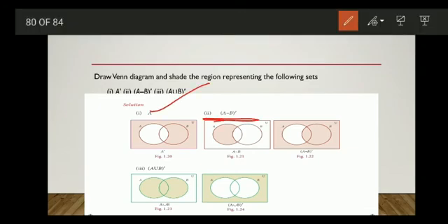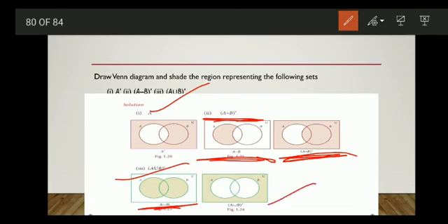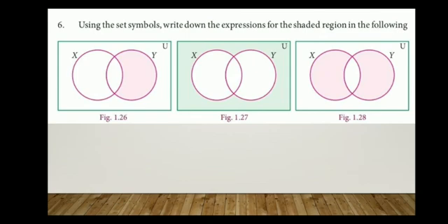To find A difference B complement, first we have to draw A difference B, then the complement of A difference B. To find A union B complement, we have to first draw A union B, then the complement of A union B. So this is your exercise problem.